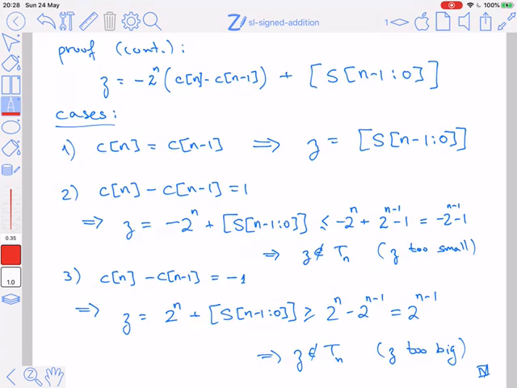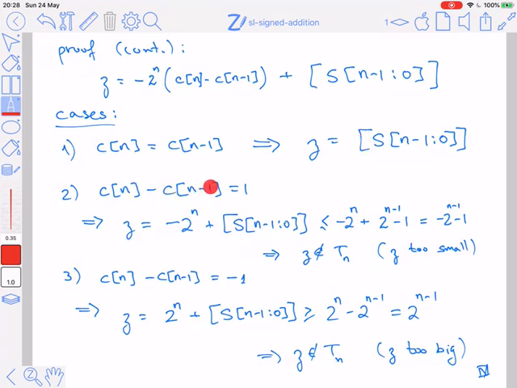Now, having reached this equality, I need to consider 3 cases. Either Cn minus Cn-1 is 0, Cn minus Cn-1 is 1, or Cn minus Cn-1 is minus 1. If Cn equals Cn-1, then this part becomes 0, and Z is indeed represented by S in 2's complement representation as desired.